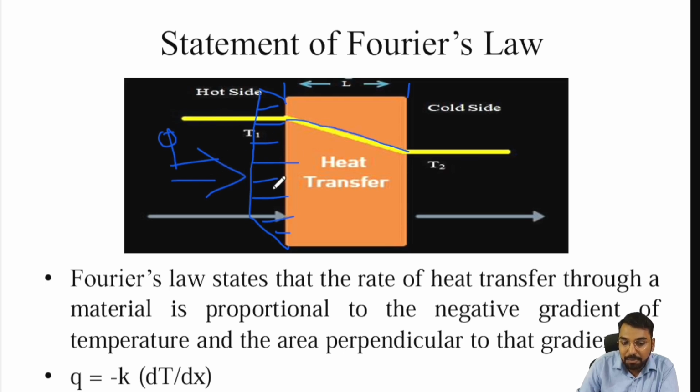The gradient of temperature is the difference in temperature upon the length or distance. As I stated, according to the second law of thermodynamics, heat always flows from the hot side to the cold side.